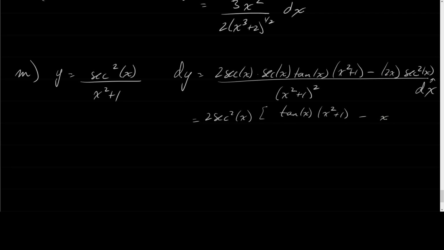Minus x. All right. Over x squared plus 1 squared, and then dx. But again, this is just finding the derivative and then multiplying by dx on the outside. We already know how to find the derivative.